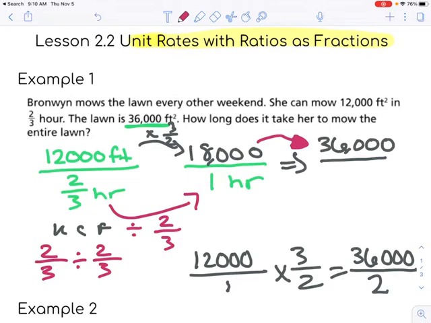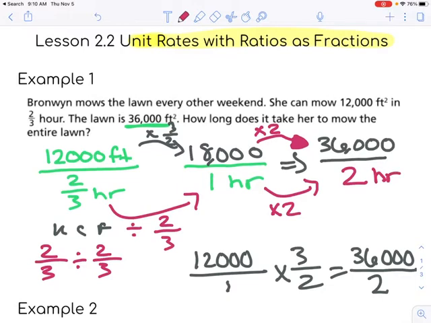To do that, I'm actually going to divide. I'm going to do 36,000 divided by 18,000. So I am multiplying by 2 to get to 36,000. Whatever you do to the top, you have to do to the bottom. So 1 times 2 is 2.